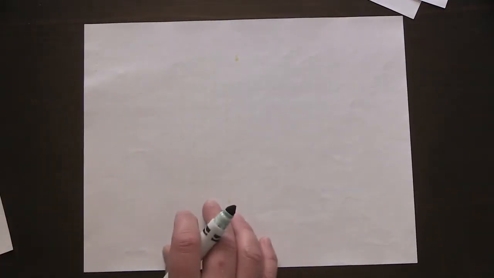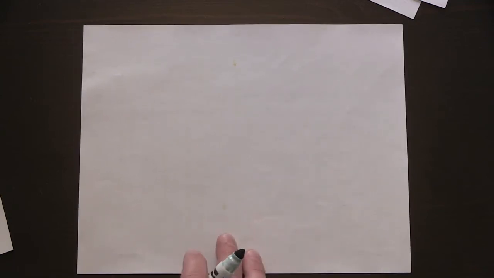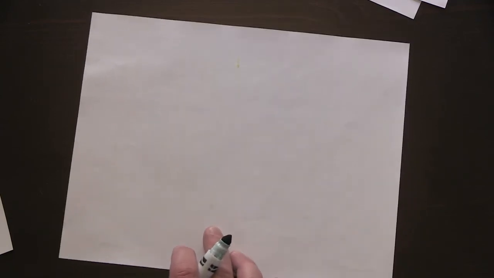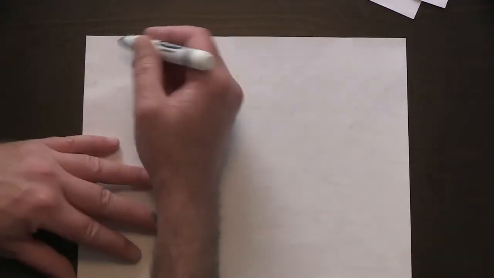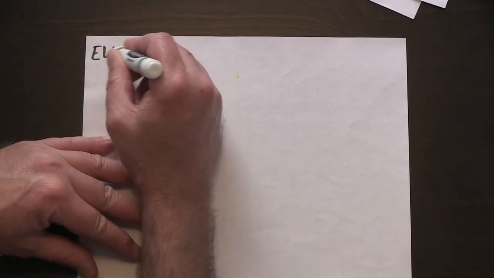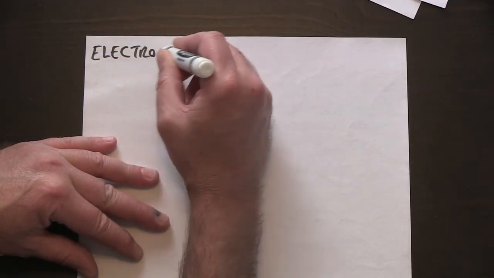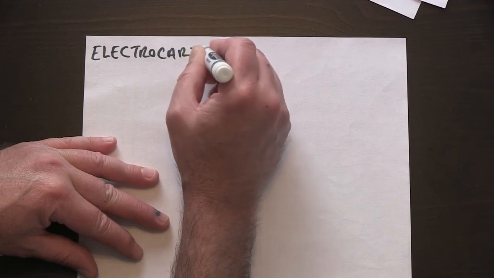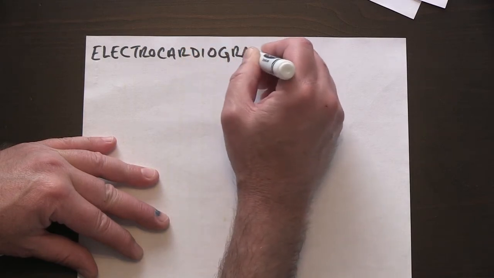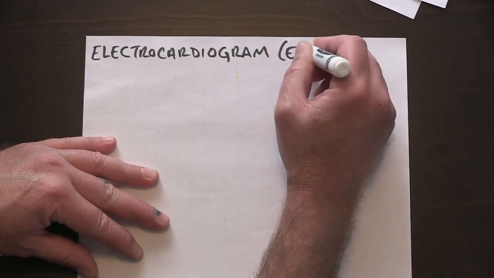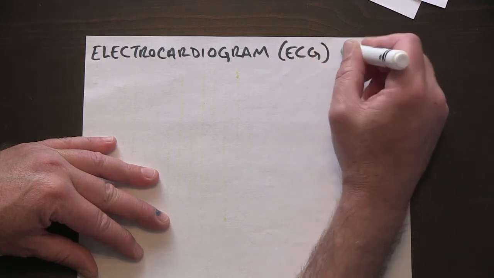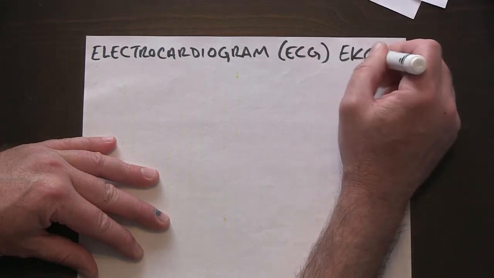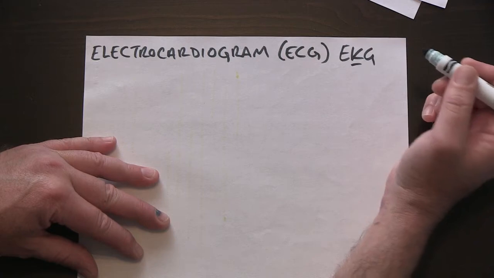Okay. So we can measure the electrical changes that are occurring within the cardiac cycle through an electrocardiogram, otherwise known as an ECG. You may have seen it or heard it as an EKG.